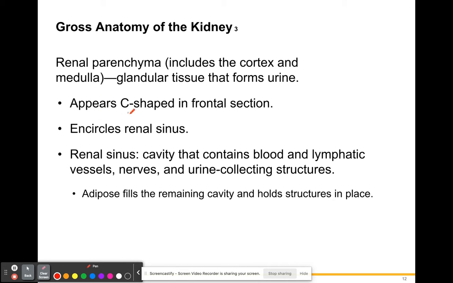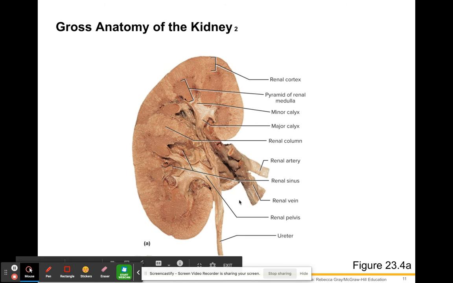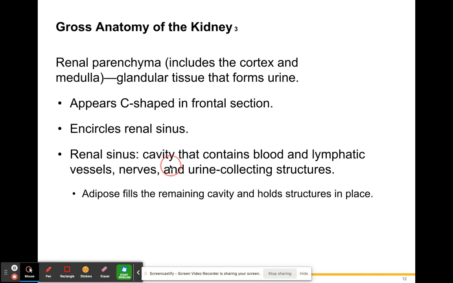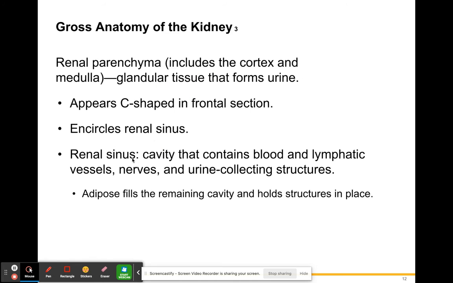It appears as a C shape in the frontal section. That's what we were just looking at. It encircles the renal sinuses, which we looked at already as well. So here are our renal sinuses, and this parenchyma is going to surround them in this kind of C shape.